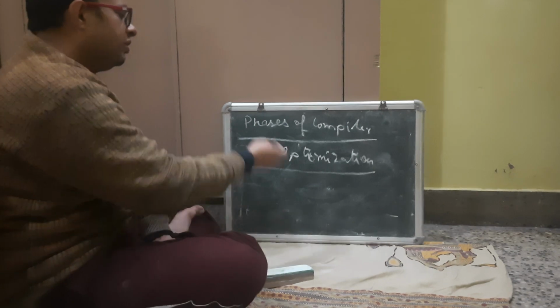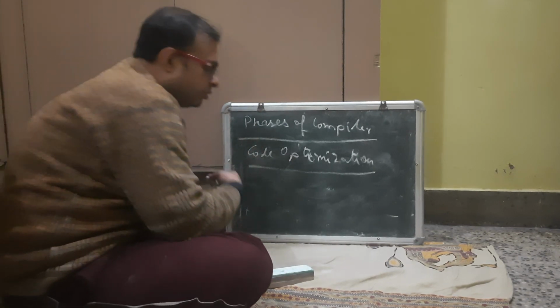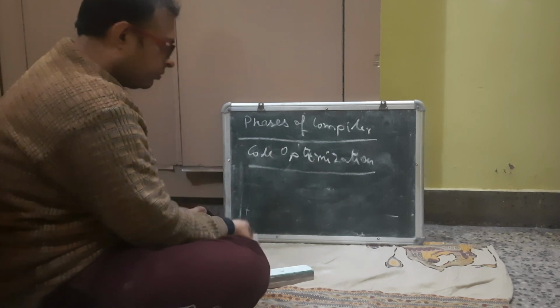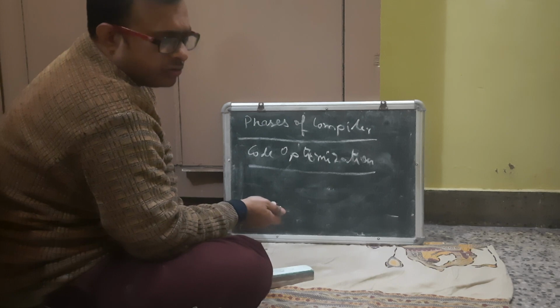number of instructions. As we earlier did the intermediate code generation, now let us do the optimization of that, and it is also optional, as there may or may not be a requirement of optimization.